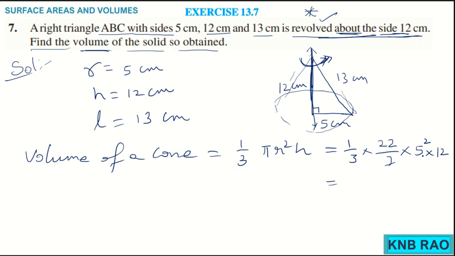Here 5 square is 25, and 3 cancels with 12 four times, so 25 into 4 becomes 100. 100 into pi value, instead of 22/7 if I consider 3.14, then it becomes 100 into 3.14, that is 314 centimeter cube. This is how it can be calculated.